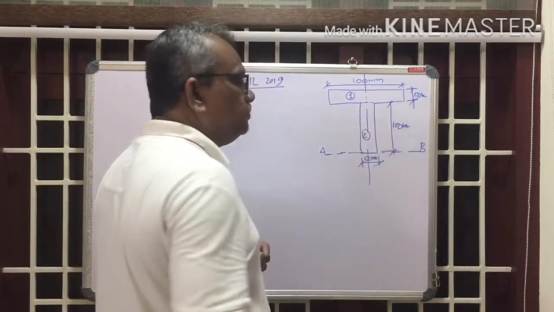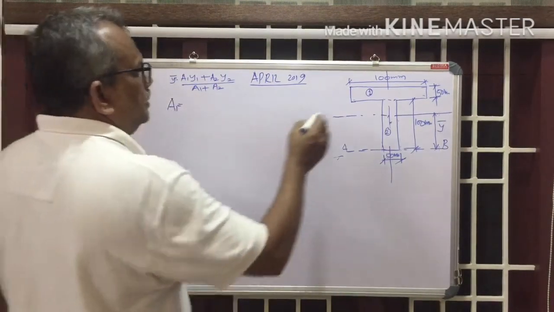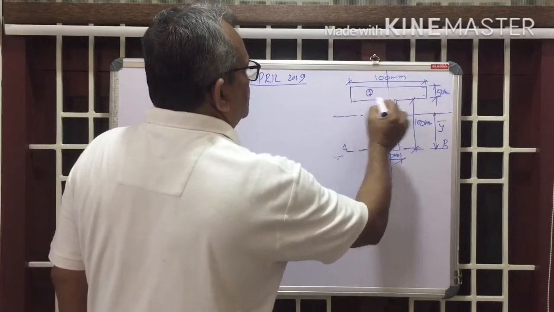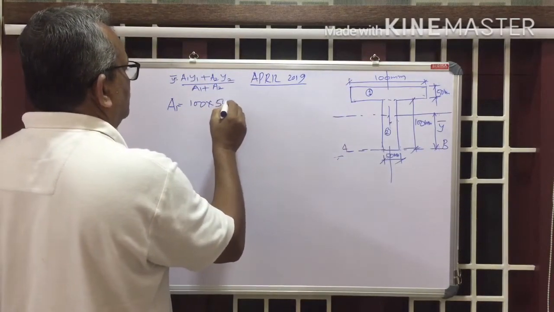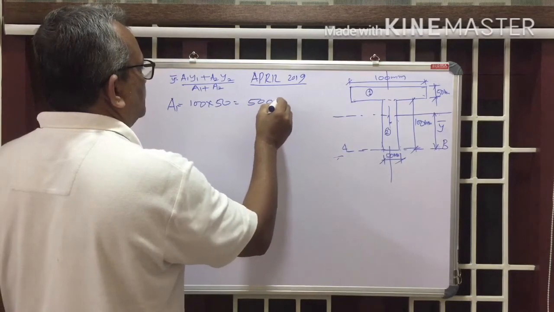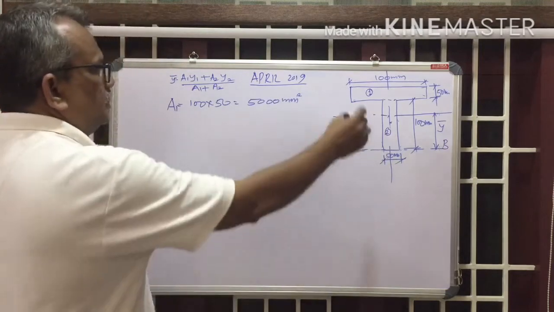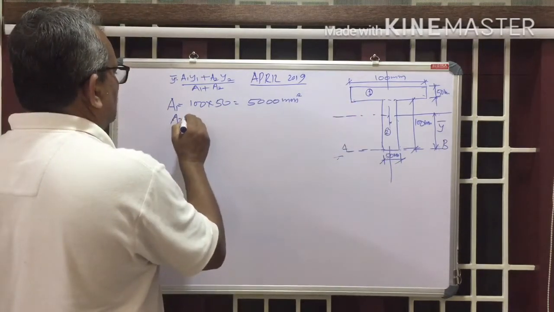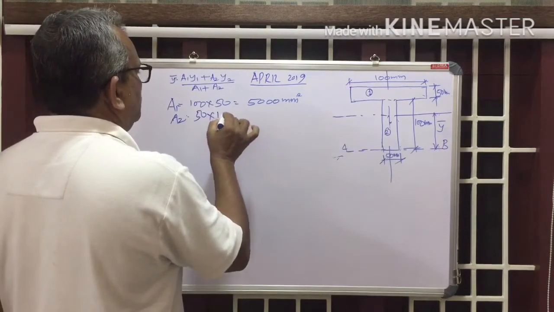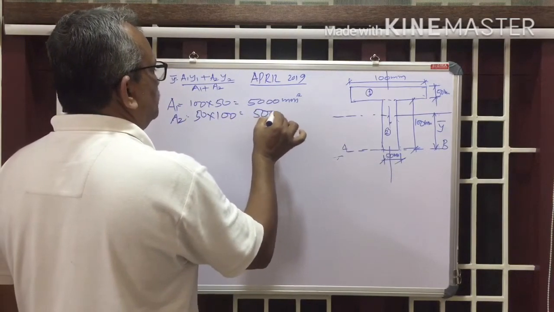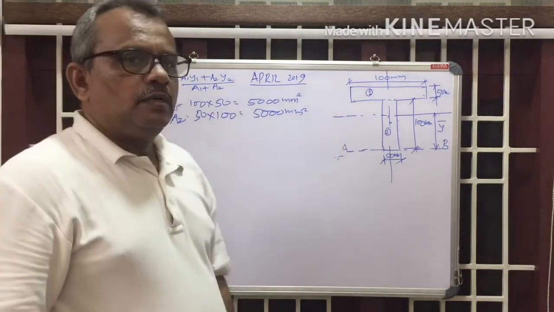A1 equals 100 into 50, equals 5000 mm squared. A2 equals 50 into 100, equals 5000 mm squared. Areas are the same.